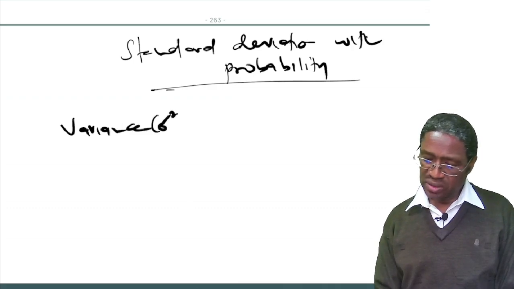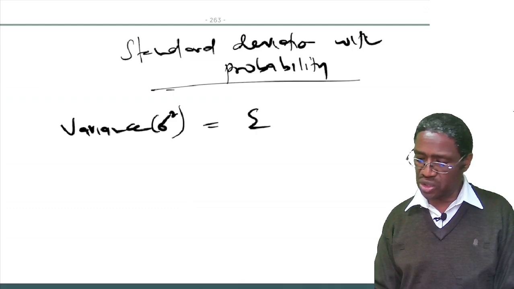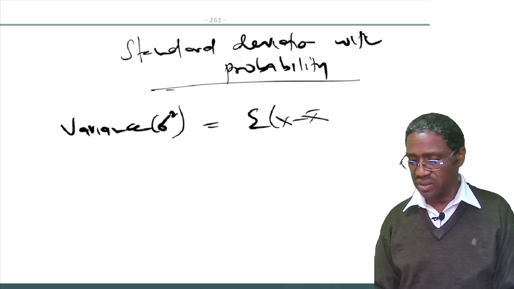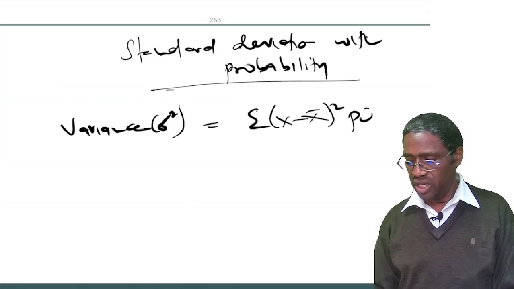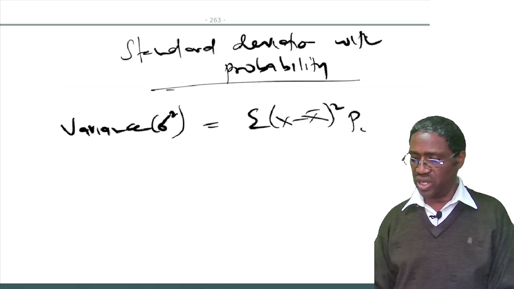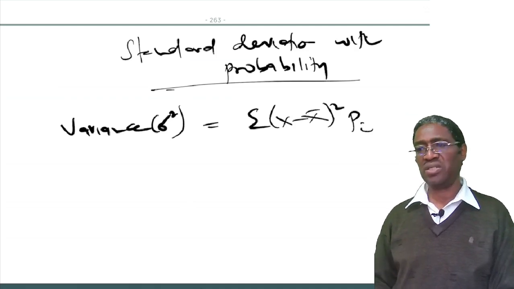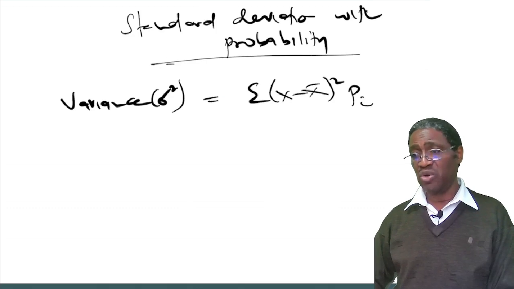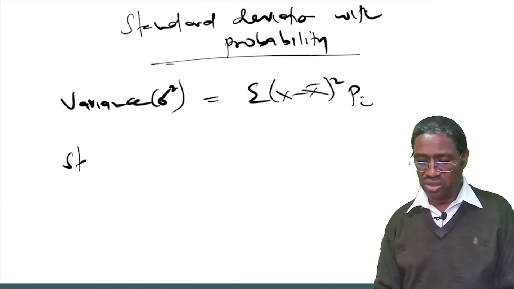Theta squared is equal to summation of x minus x bar squared pi. That's with probability. Then I come and say, but I'm looking for the standard deviation.